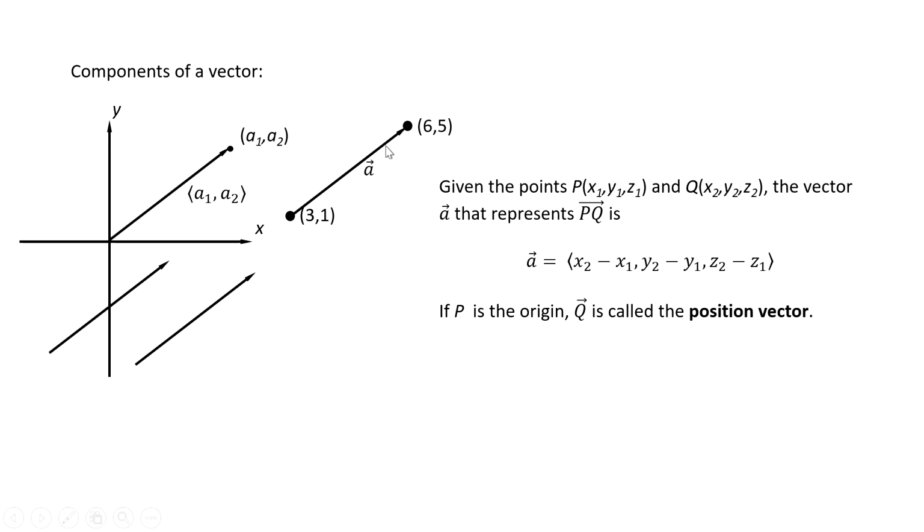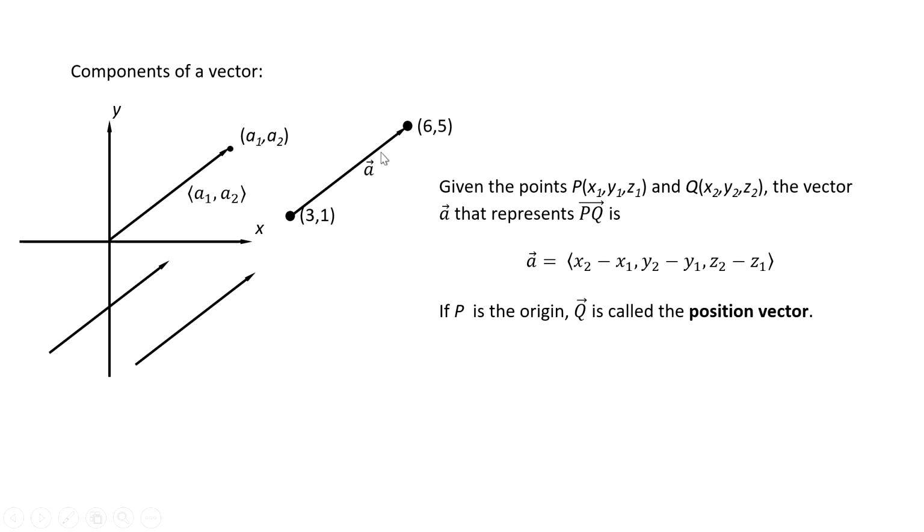So could we tell what this vector is? Well, we wouldn't have a z component, but not a big deal. It has x and y components. So 6 minus 3 is 3. 5 minus 1 is 4. So 3 comma 4 is this vector. Angle bracket 3 comma 4.